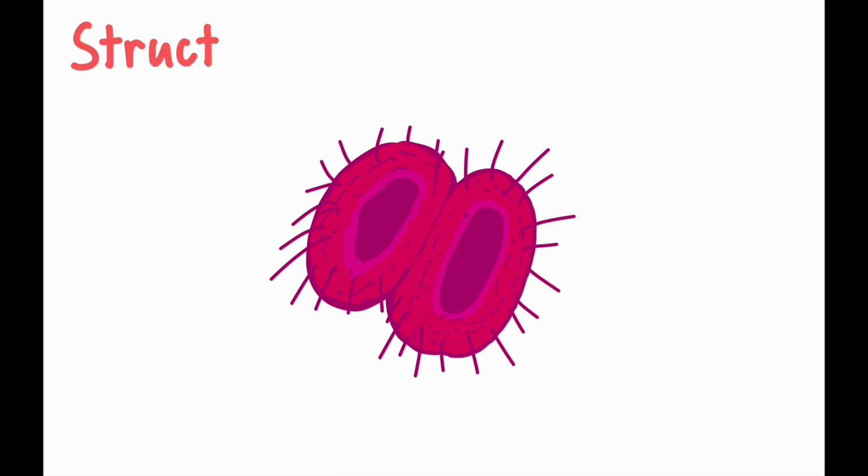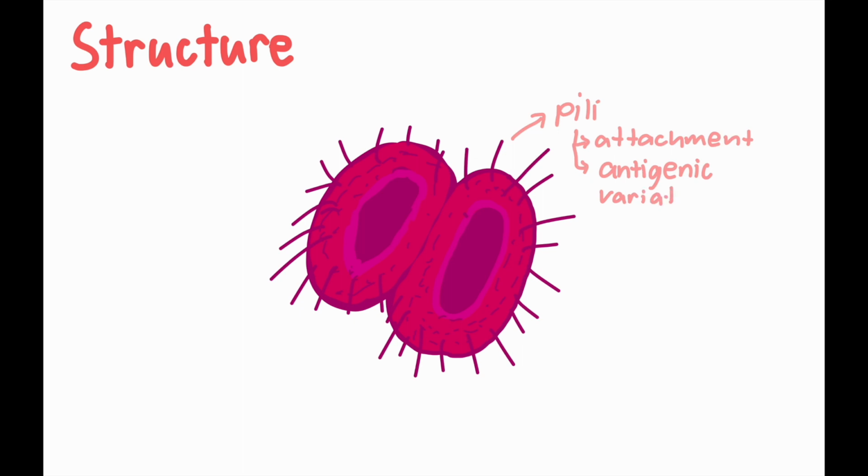Now let's talk about its structure. Neisseria contains pili, which allow the bacteria to attach to the host cell, particularly on mucosal surfaces. It also allows for antigenic variation, which makes it difficult for antibodies to target and treat.